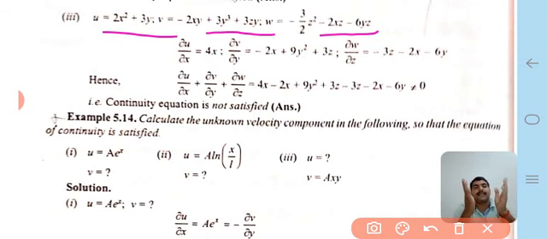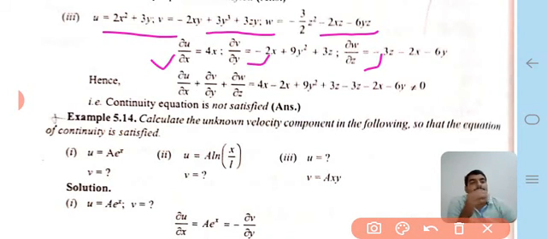Now differentiating the above velocity components with respect to x, y and z, because u is the velocity component along the x-axis, v along the y-axis and w along the z-axis. Therefore, we calculate del u upon del x, del v upon del y and del w upon del z.